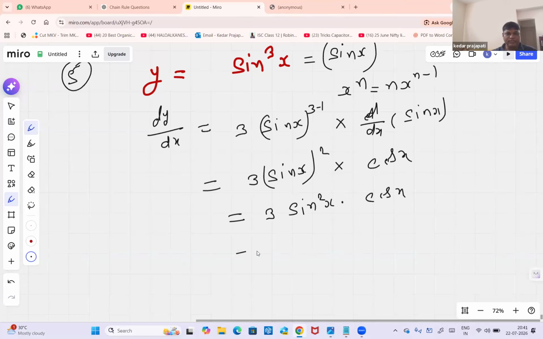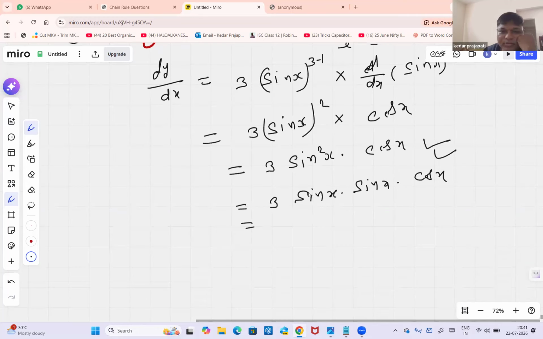We can also write it like this: 3 into sine x into sine x into cos x. See, this answer is also correct. Suppose in exam they have given a different format. So how will it be simplified? Just multiply and divide by 2, so you can write 2 by 2, so that I will be writing it in sin 2x format.